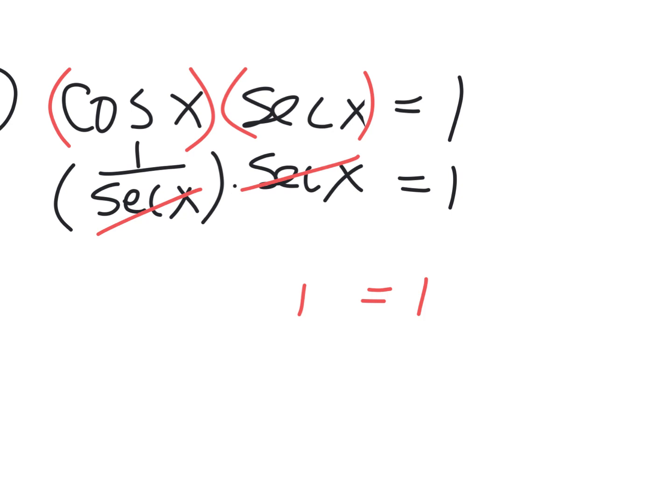I know this seems dumb, but some people could have started by replacing the left side with this and the right side with, instead of 1, sine squared plus cosine squared. If you mess with both sides, you're breaking the rules of proofs. When you're proving something, you can only change one of the two sides. So you take the more complicated side and you change it until it equals the other side.